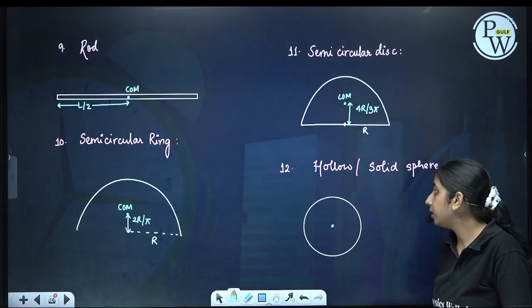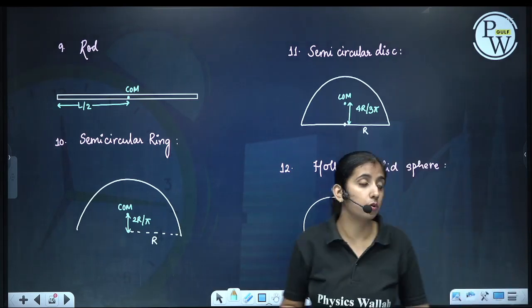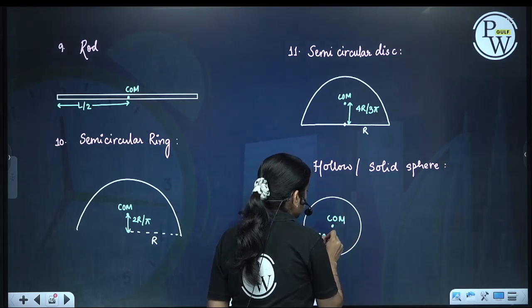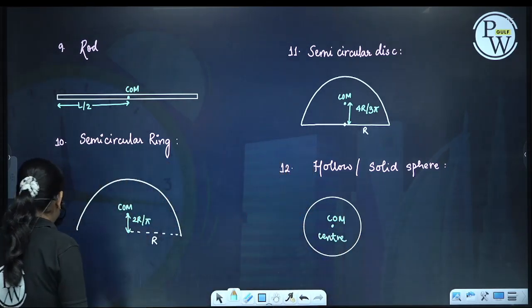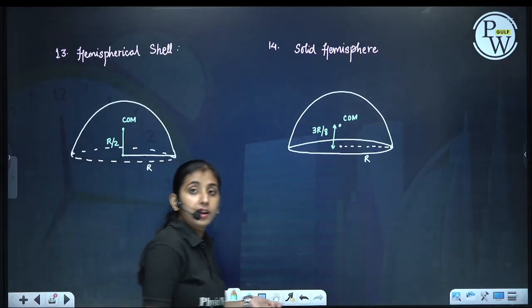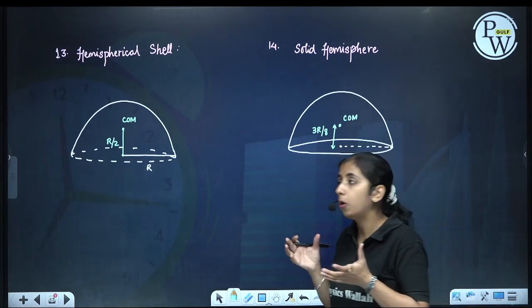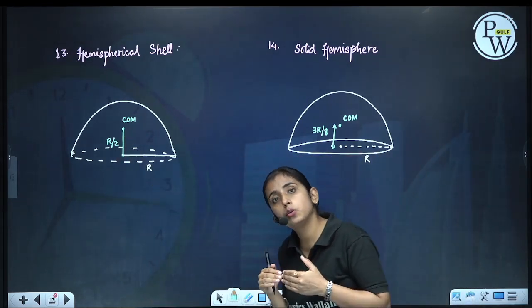If we have a hollow or solid sphere, the center of mass will be at its geometric center only. Next, if we have a hemispherical shell, a hollow hemisphere, then the center of mass is at a height r by 2 from the center.